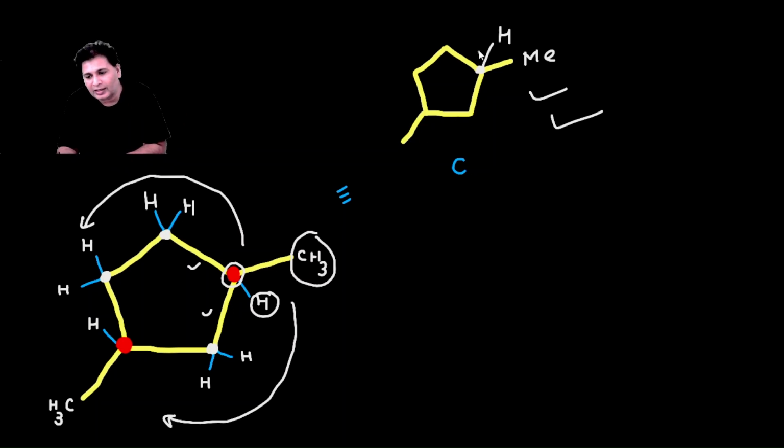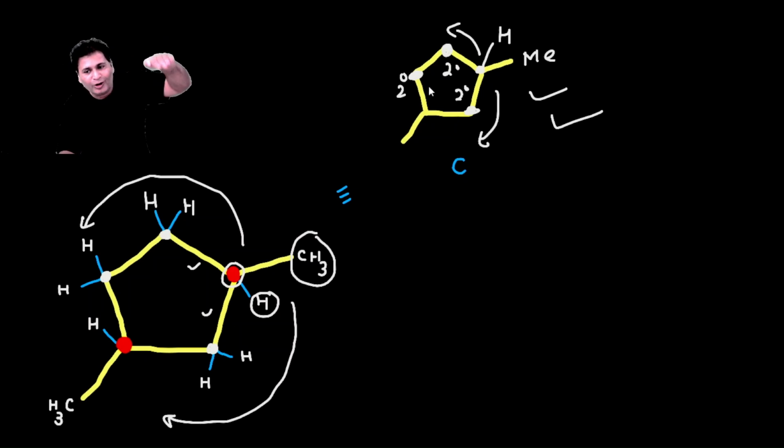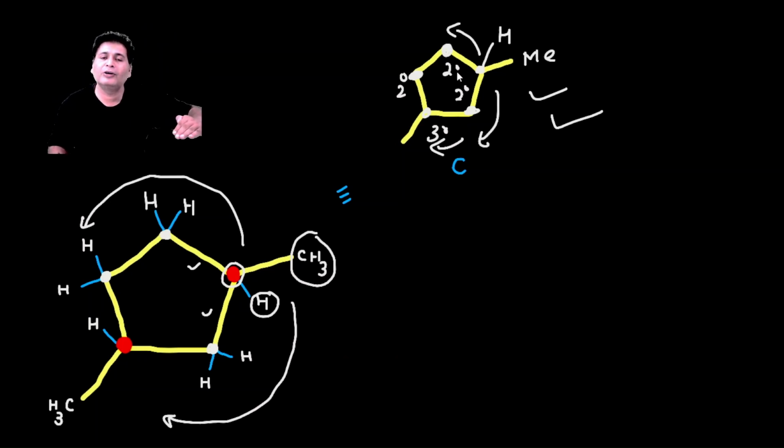Once you start anti-clockwise, you get a carbon, this is 2 degree. You start clockwise, you get a 2 degree. So here there is a compromise. Then again you find a 2 degree carbon anti-clockwise. Here once you move clockwise, you meet a carbon that is a 3 degree. So you have taken 2 steps anti-clockwise, 2 steps clockwise.